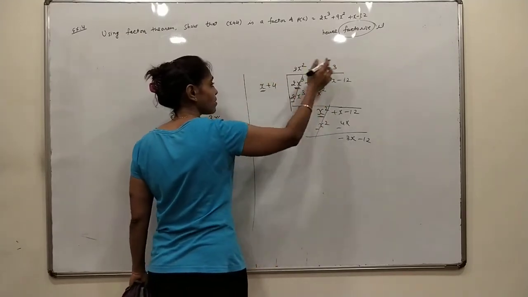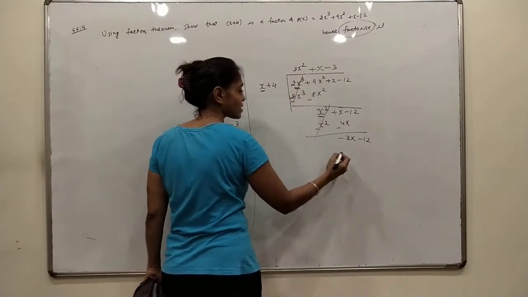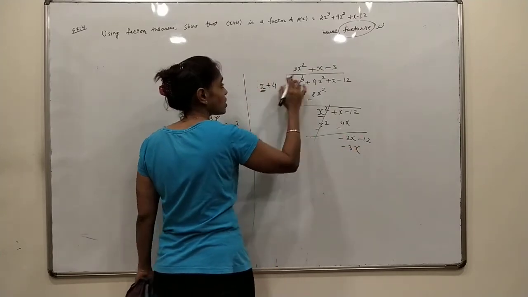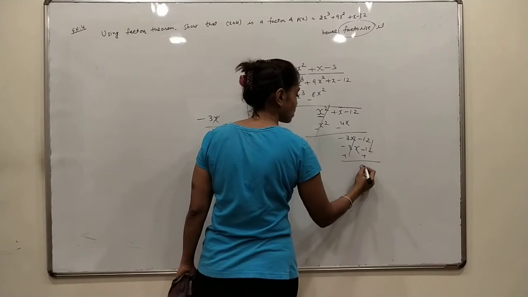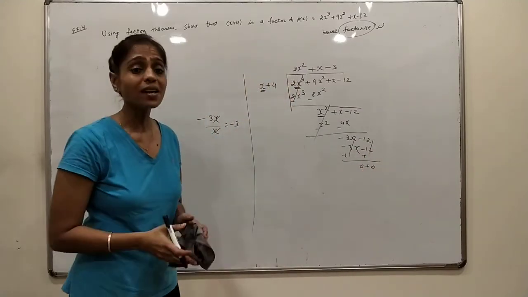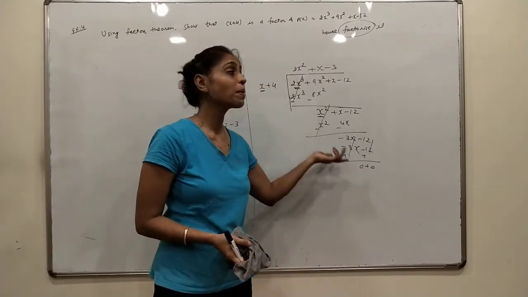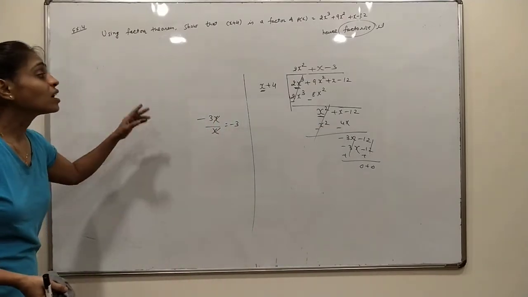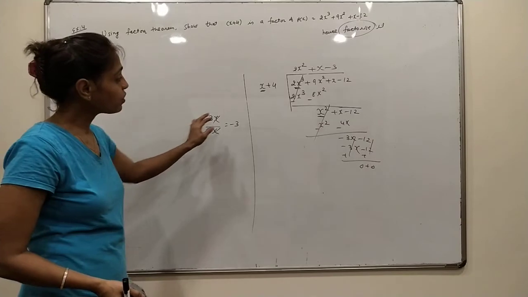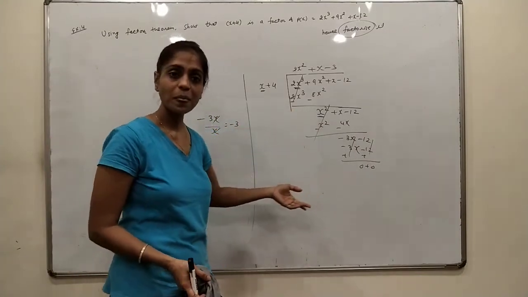Now minus 3 multiplied with both the terms: minus 3x minus 12, cancel. Obviously it compulsorily must go to 0, because we have already shown that x plus 4 is a factor, and if it is a factor then the remainder is 0, right?